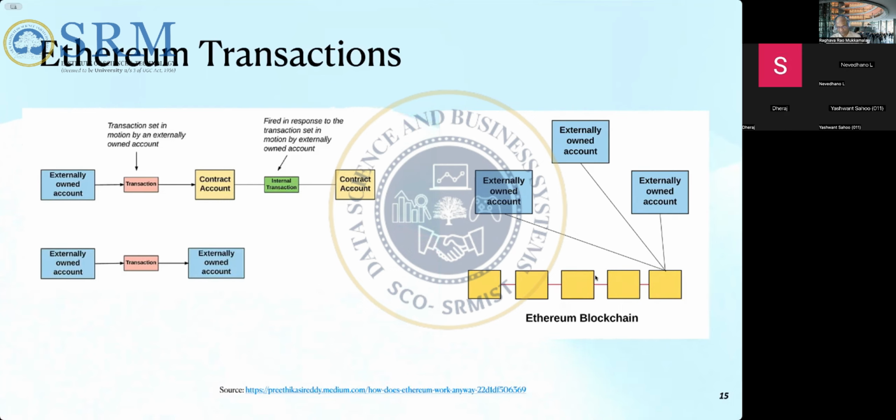So if you look at the Ethereum blockchain from a high-level perspective, blocks contain the transactions which are invoked by different accounts, right? You have accounts, and then you create transactions, making transfers between the accounts or calling a smart contract and things like that.